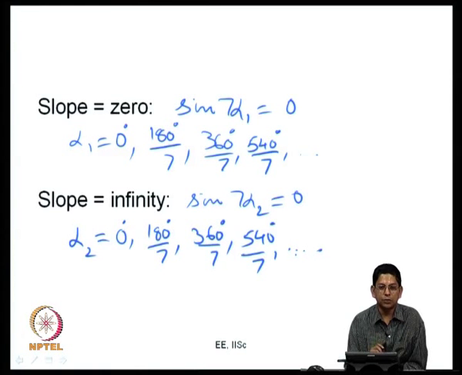So, at these values of alpha 2, you plug these values into your V 7 equal to 0 equation and find out the corresponding values of alpha 1. So, at these points alpha 1 comma alpha 2, you will find that V 7 has infinite slope now, and if you are able to spot them, you get those curves.